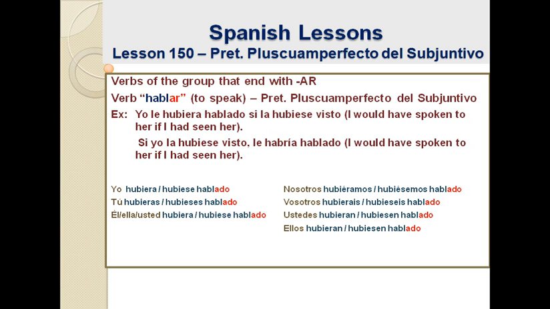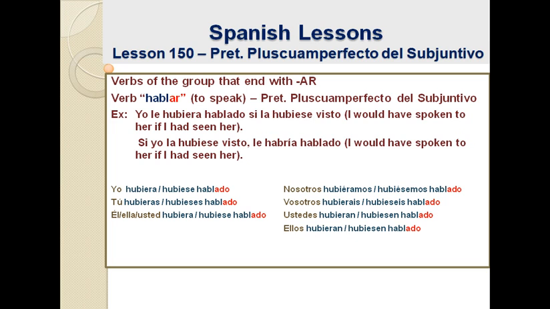We are conjugating the verb hablar, or to speak. You can see that we have two conjugations, the two I showed you a moment before: hubiera and hubiese. Let's begin with I. Yo hubiera hablado, or yo hubiese hablado.